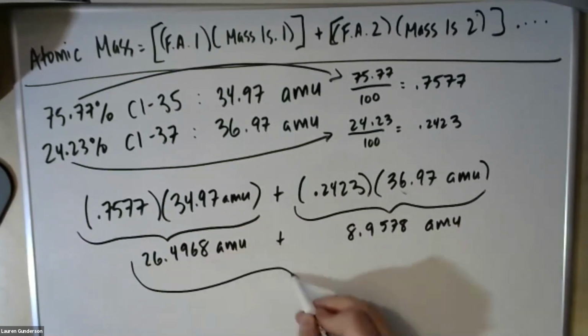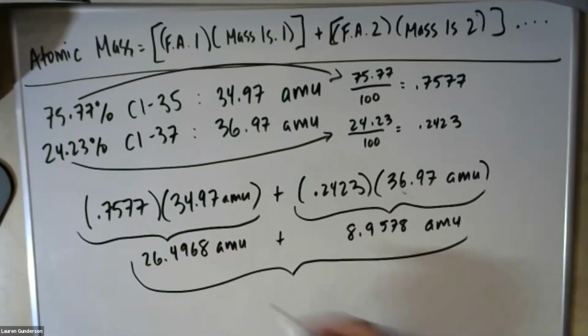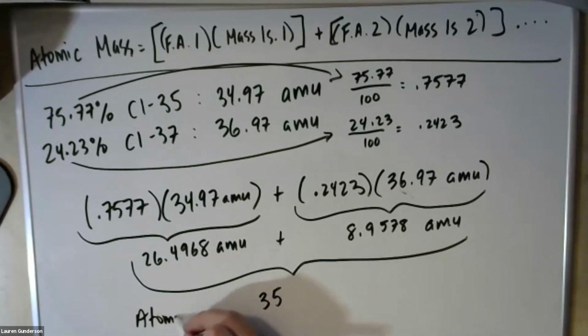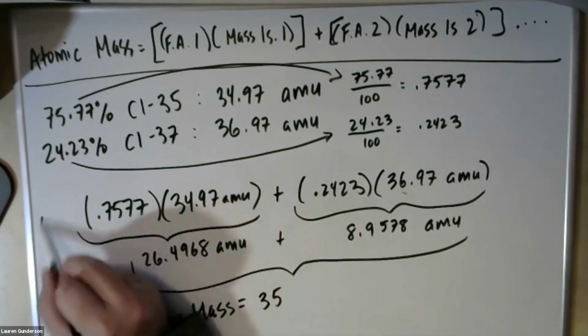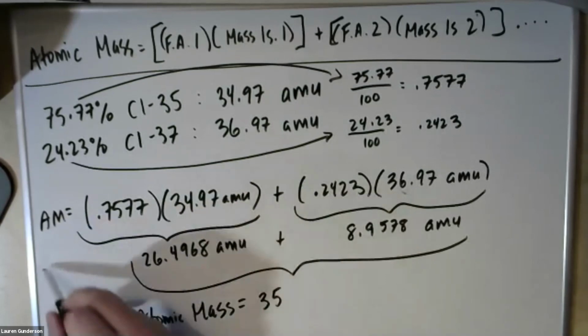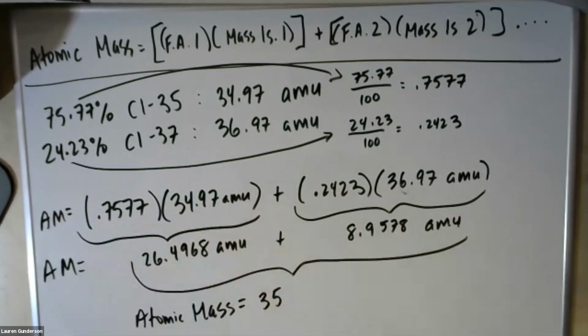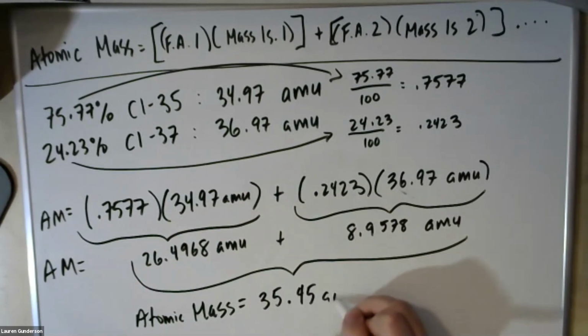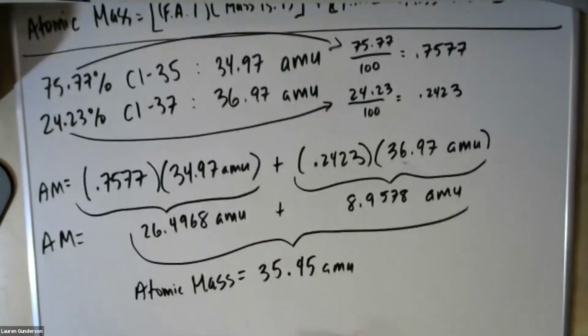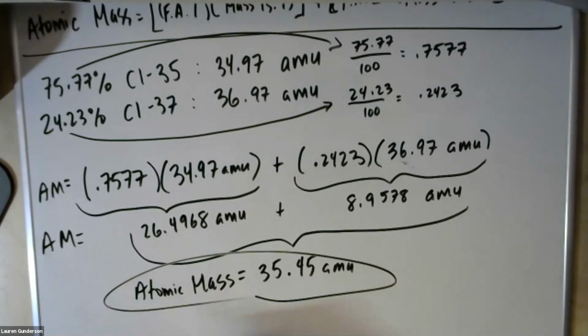Now we're going to add these two values together, and we end up with an atomic mass. I could have been writing AM over here, just so we don't forget what we're calculating. 35.45 AMU. And if you look on the periodic table, that is the atomic mass of chlorine.